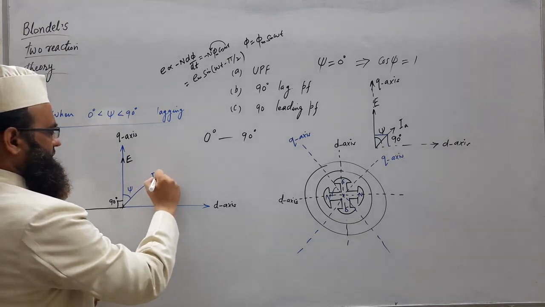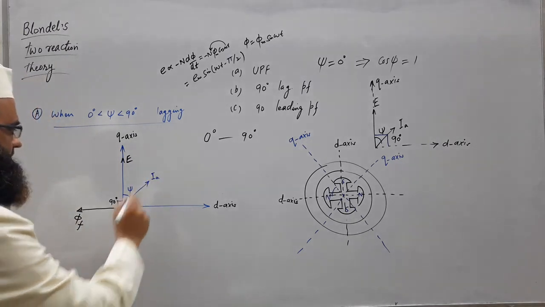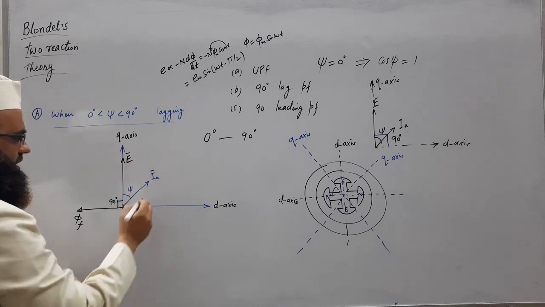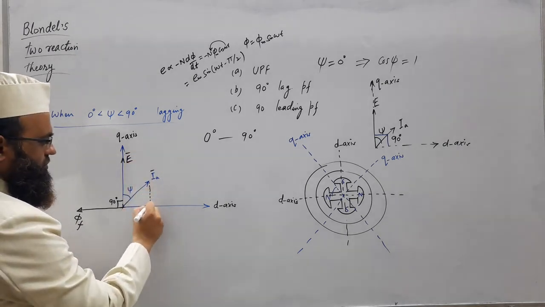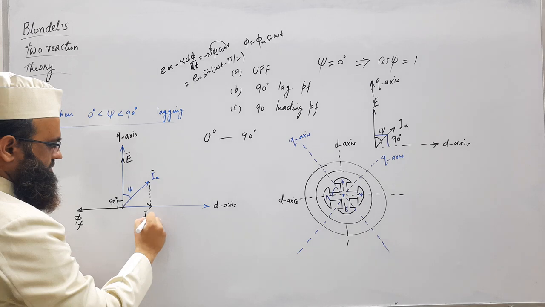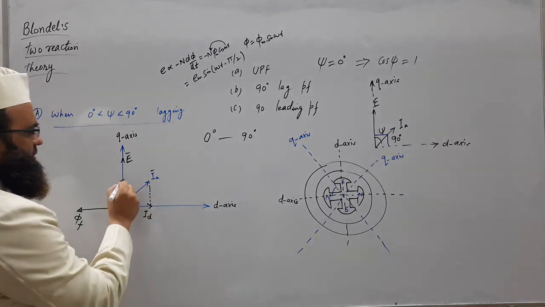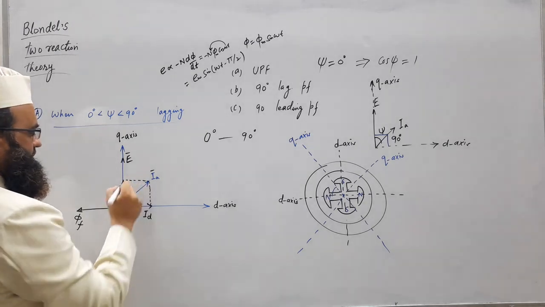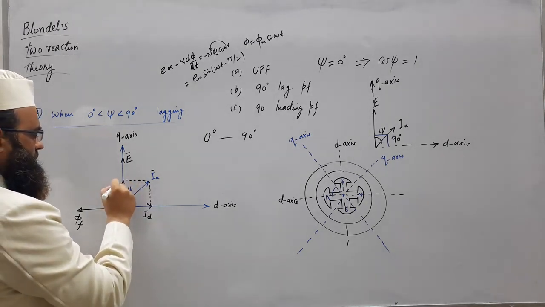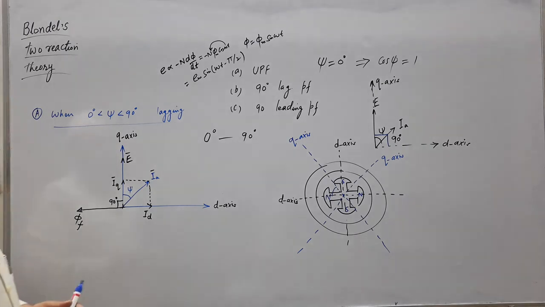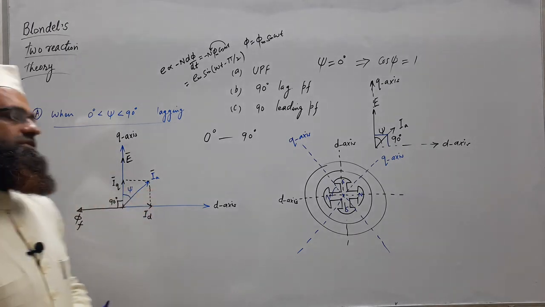Resolve this IA into two components. This will be ID, the component of IA along the d axis, and this will be IQ, the component of IA along the quadrature axis, the q axis.